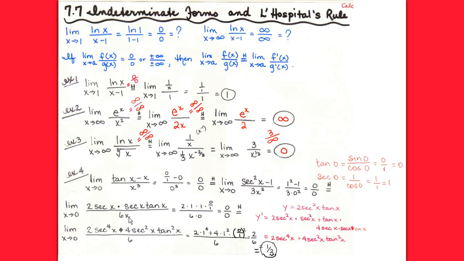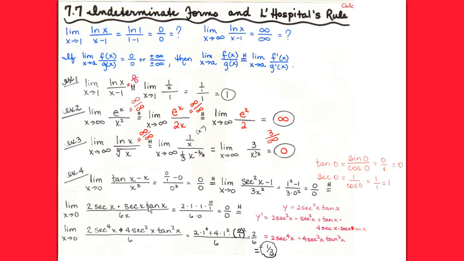Okay, so I need to take the derivative of 2 secant times secant, which is 2 secant squared tangent. I'm going to come off to the side and work that as an entirely separate problem because that is an issue all to itself.